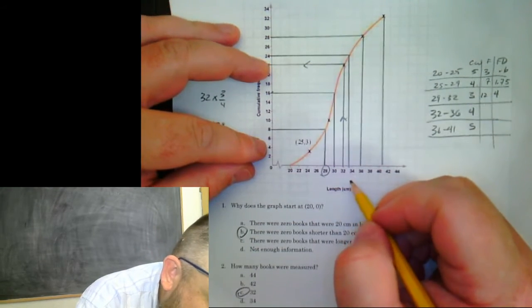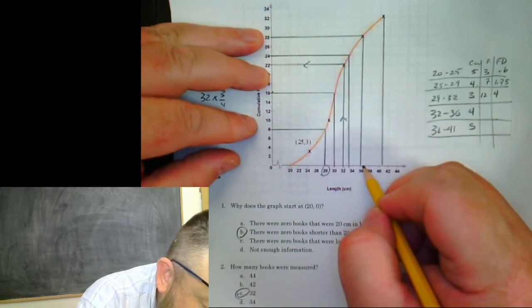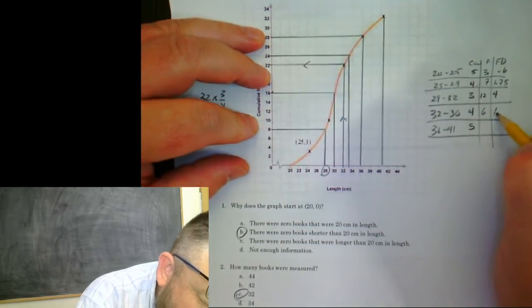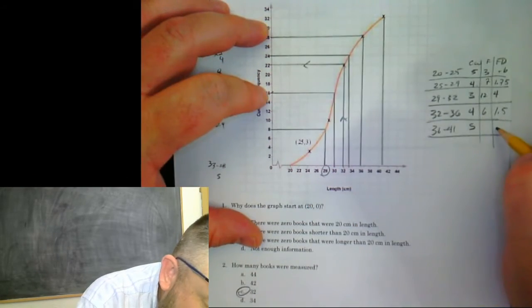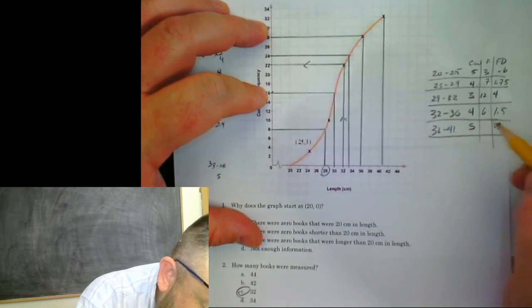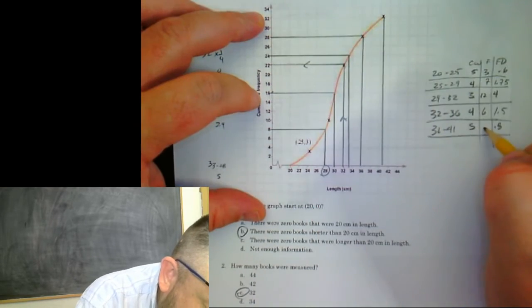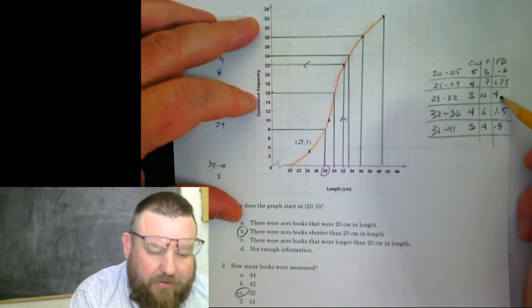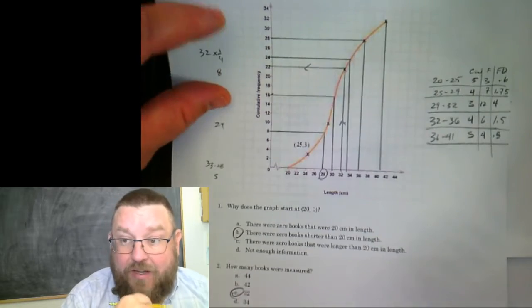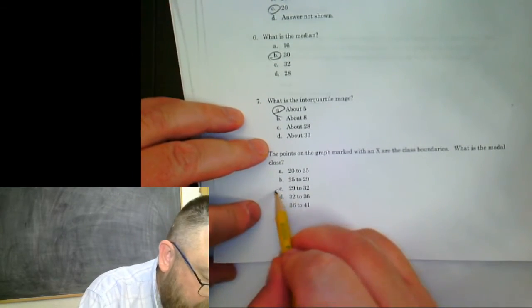From 22 to 28, that's 6 over 4, which is 1.5. And the last one, 28 to 32, is 4 over 5, that's 0.8. So those would be our frequency densities. That one is obviously the greatest, and that was from 29 to 32.